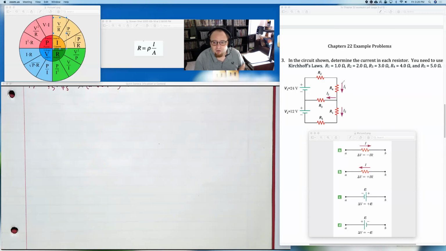And the current should hold the same throughout each piece, which means I1 is really all of this. I2 is really all of this. And I3 is just this middle piece. The current should be the same except when you hit a junction. And for Kirchhoff's rules, I'm going to have 2 rules I need to deal with. The first is the junction rule.